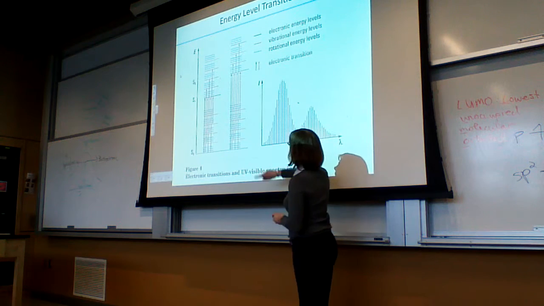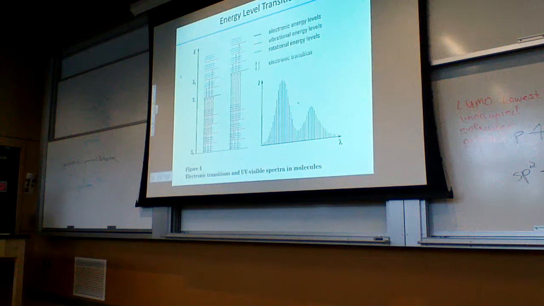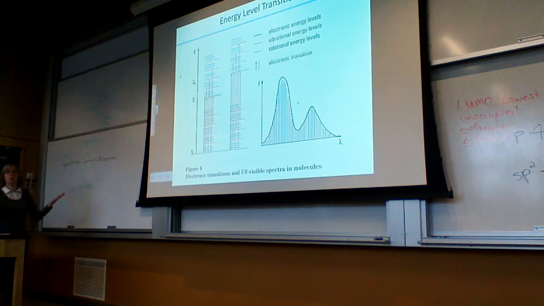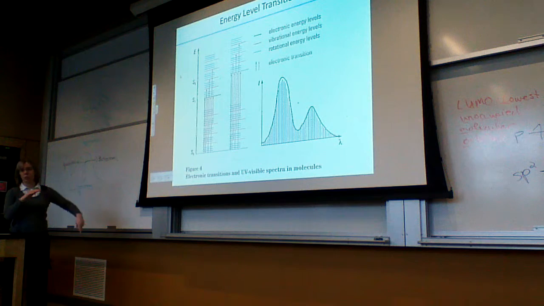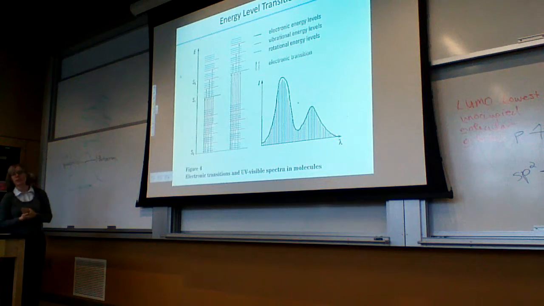And this is why our spectrum ends up being a very broad peak like this, because it's actually a compilation of all of those different energy levels, and we don't see the fine definition between all of that. In this case, there's actually 2 peaks. We'll be looking at some that have 2 or 3 or 1, and we'll talk about that more on Wednesday.